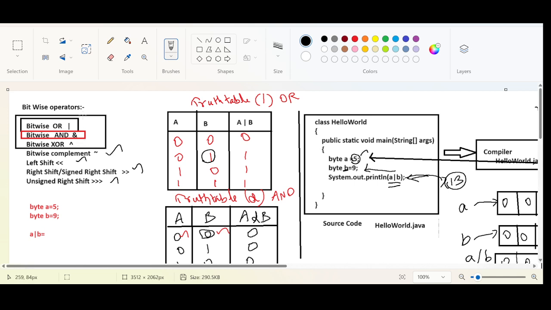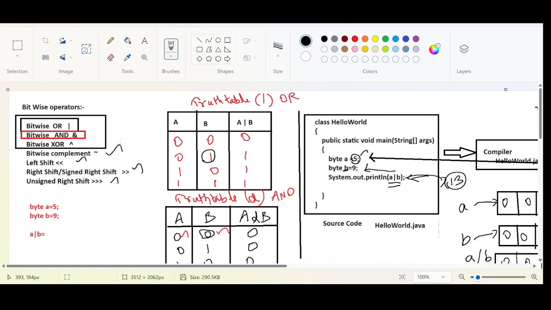These bitwise operators are not specific to the Java programming language. Every programming language can do manipulations using bitwise operators. So we will understand bitwise operators with respect to Java.